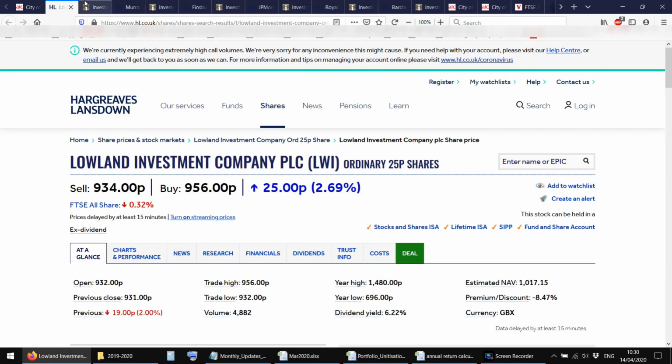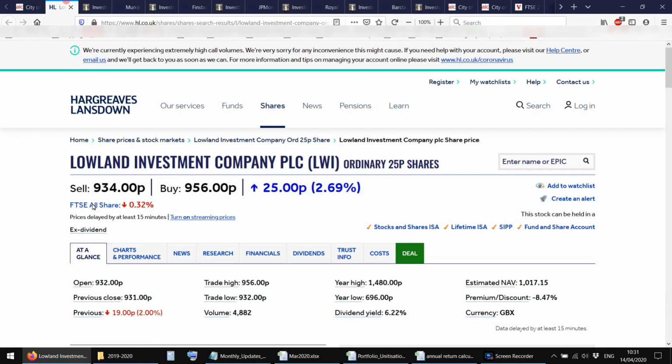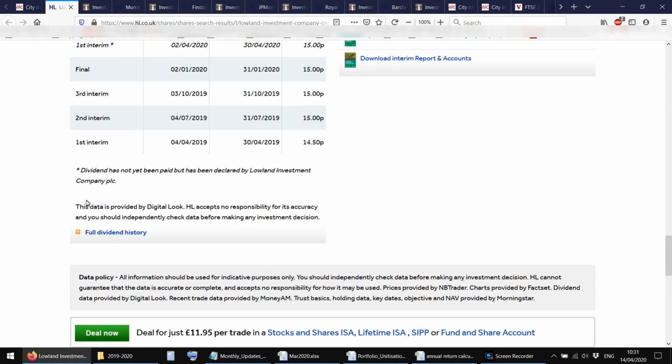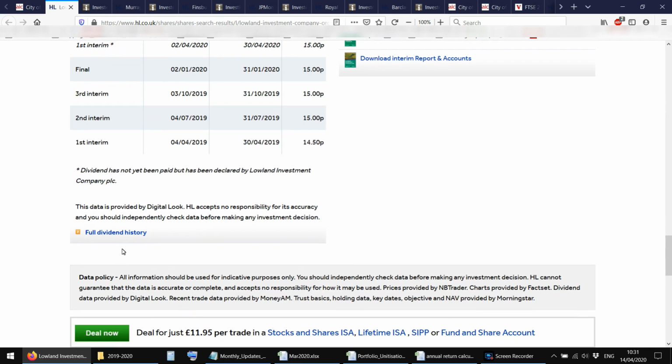And then dividend announcements. So there was some dividend announcements. Lowland announced that their next dividend was to be paid on the 30th of April at 15p a share, and as you can see, 15p a share is just a continuation of the previous dividend level. So obviously there's no cuts so far with all of the coronavirus issues.